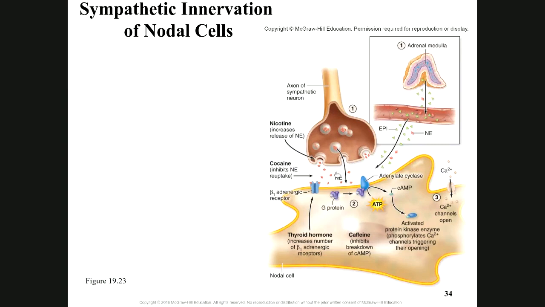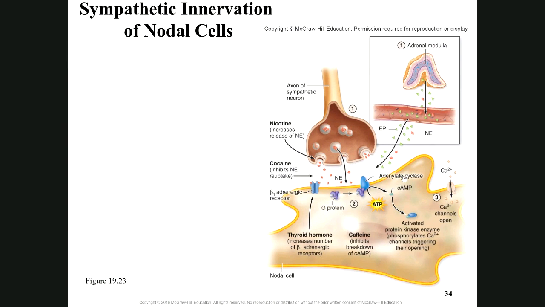As you see here, the norepinephrine and epinephrine can attach to their own receptor on the nodal cell. This is the cell in the SA node or the AV node. When they sit here, this combination of neurotransmitter and receptor can activate the G protein. When the G protein becomes activated, it activates other messengers in our cells, and all of them have one result.